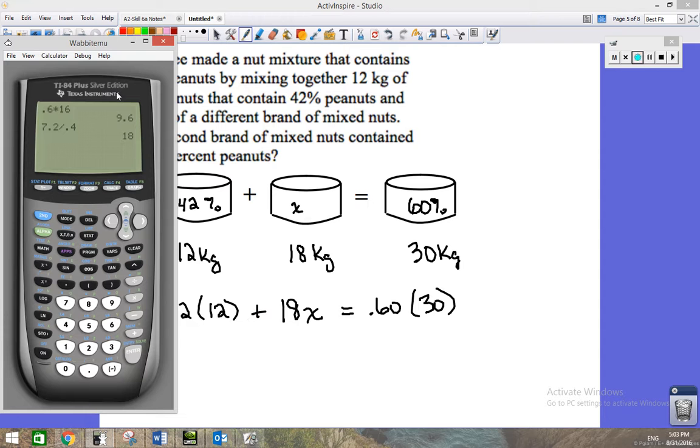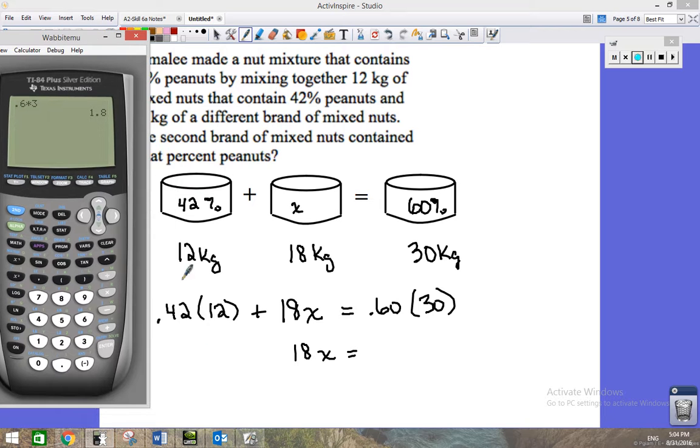So let's solve for 18x by, let's multiply 0.6 times 3, probably 1.8, yeah. And let's subtract 0.42 times 12. We'll subtract 0.42 times 12.